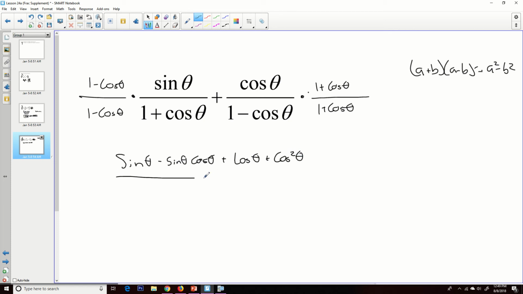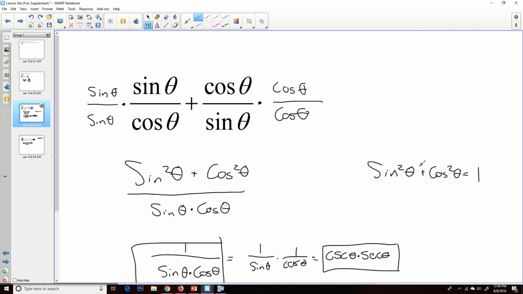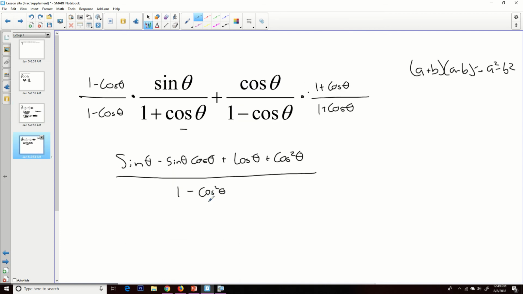I may not be able to do a whole lot with this one. And then in the denominator here, I'll have 1 minus cosine squared theta. And again, using this Pythagorean identity, if I subtract cosine squared theta from both sides, let's go back to this one, it'll be sine squared theta.